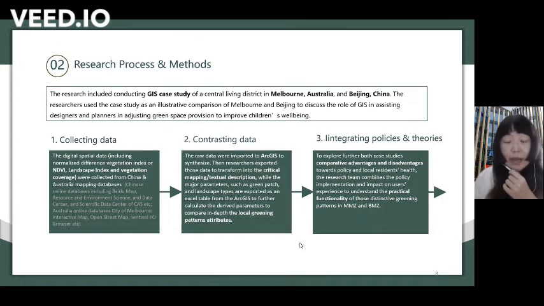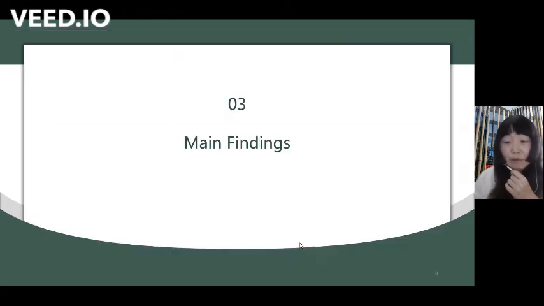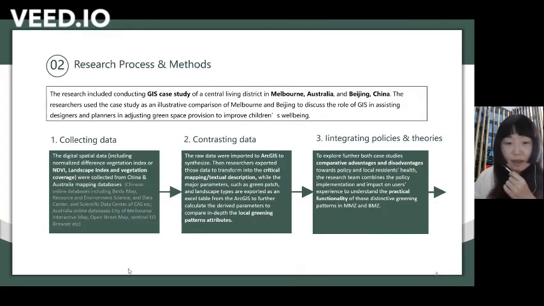Step 2, importing data to ArcGIS, analyzing and comparing data by visual mapping and calculating the derived parameters. Number 3, exporting the data and integrating relevant policy and human behavior theories to further explore the practical meanings of those green patterns.